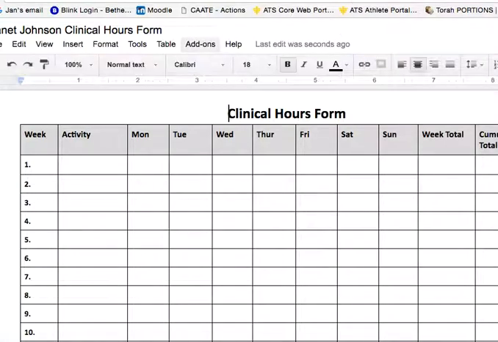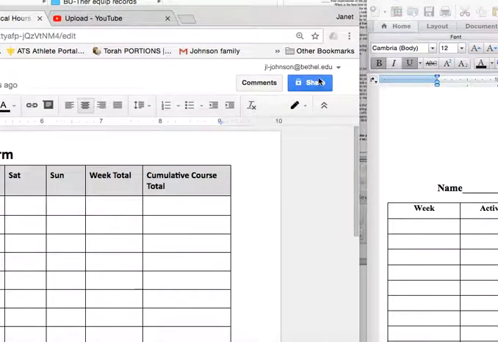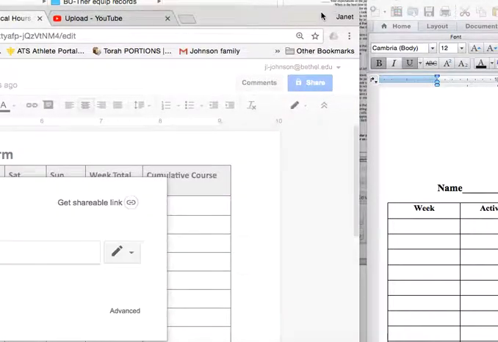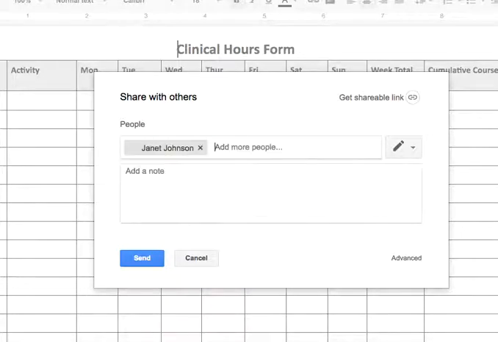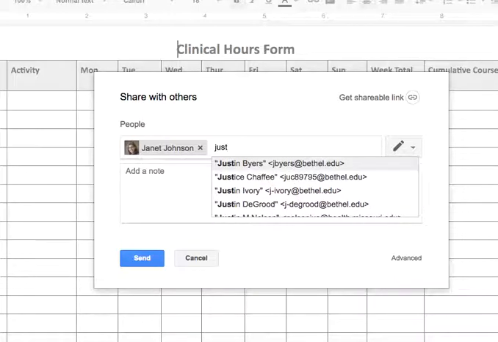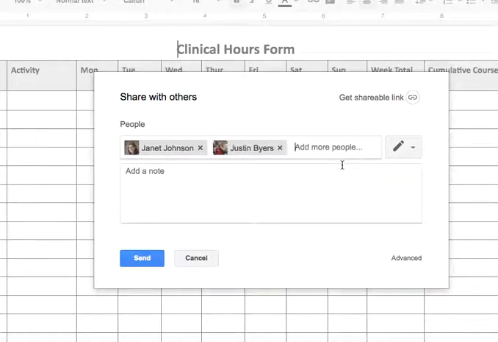Then I want to come over and share this. So you will share it with me. Okay, and then you will share it with your preceptor. So let's say your preceptor is Justin. You share it with him. So you share it with myself and you share it with Justin, and then you push send.